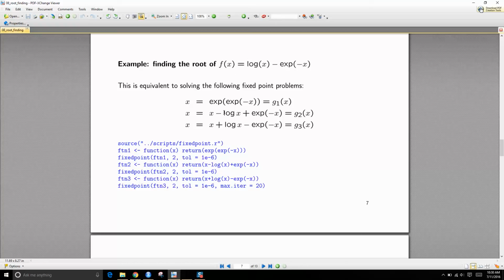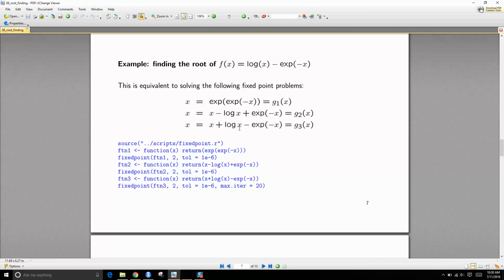I could add it to both sides, or I could subtract it from both sides, right? If I set this thing equal to 0, and then I say x is equal to this, add x to both sides, I would get this. And if I set it equal to 0 and add x to both sides, but then I subtract this on the other side, we get this. So we can express the x in terms of itself in different ways here.